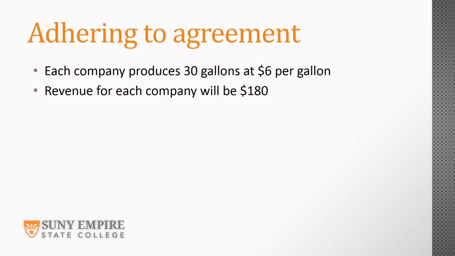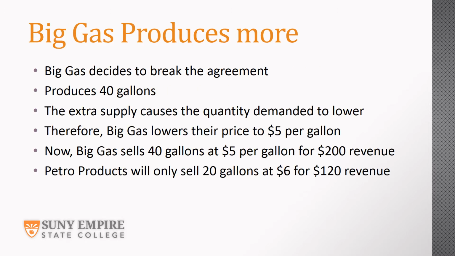First, let us assume that each company adheres to the agreement. Each company produces and sells 30 gallons at $6 per gallon for a profit of $180. Suppose that Big Gas decides to break the agreement. They choose to produce 10 extra gallons for a total of 40 gallons.